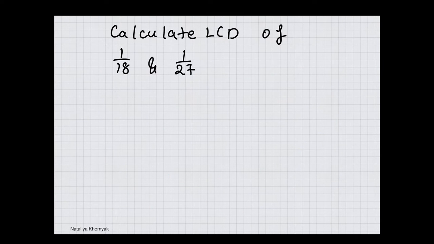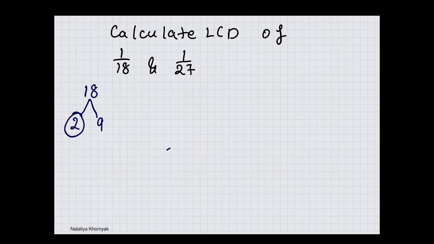Let's calculate the LCD of 18 and 27 by factoring. You can break down 18 into primes. So we can say 18 is 2 times 9. Well, we got a prime here.